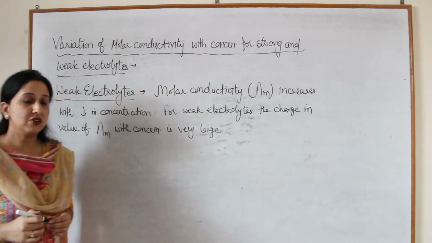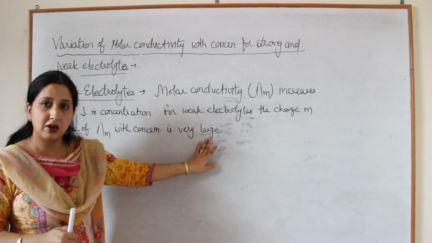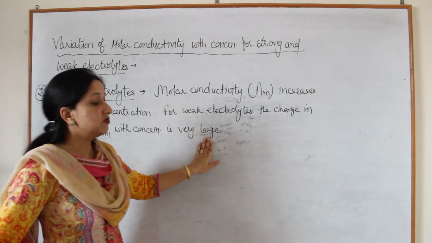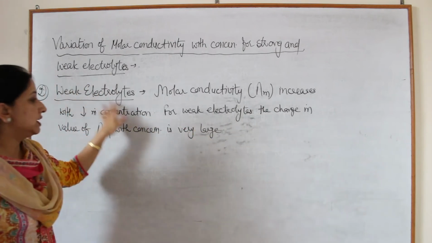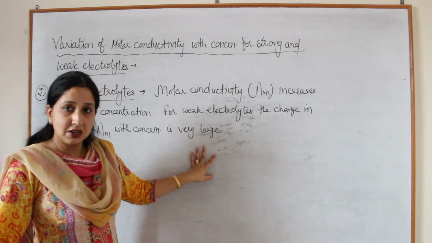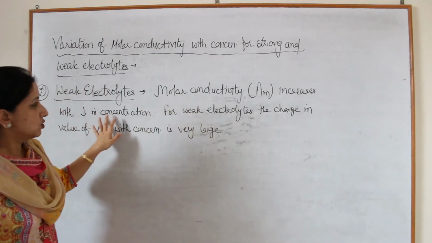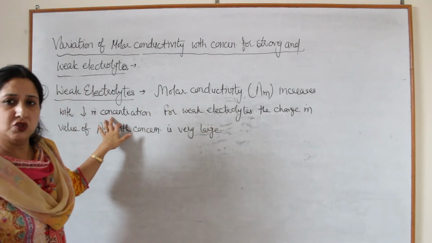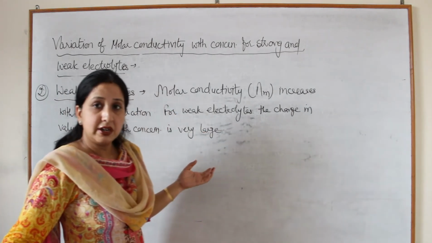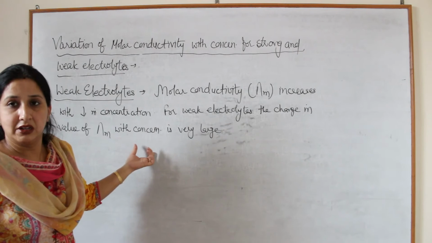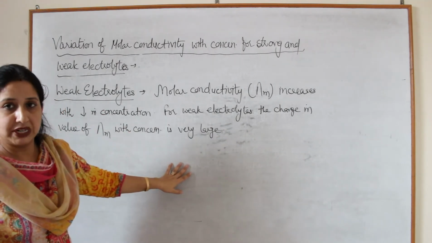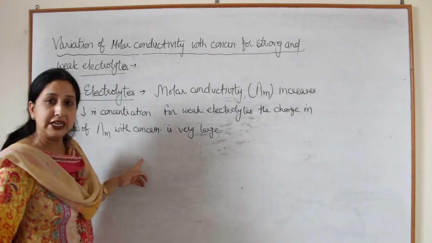For strong electrolytes the change is very small, but for weak electrolytes its change is very large, because weak electrolytes are those electrolytes which are dissociated very slowly, but if we add more water then they are dissociated almost completely, but not completely.